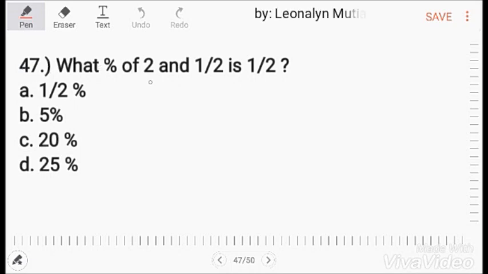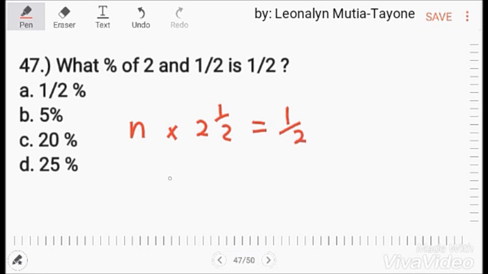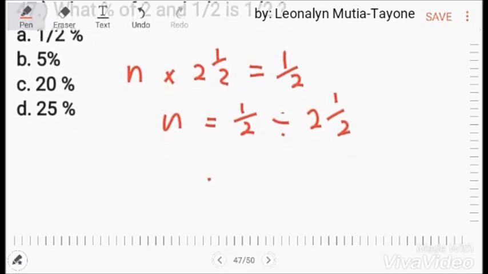47. What percent of 2 and 1/2 is 1/2? So, what percent times 2 and 1/2 is 1/2. So, i-transpose natin. Itong n equals 1/2 divided by 2 and 1/2. Para mas madali, ilagay natin ng that is 5 over 2.